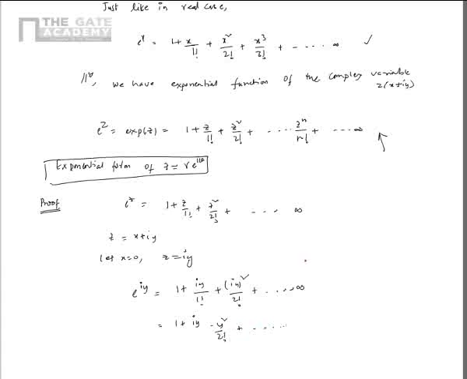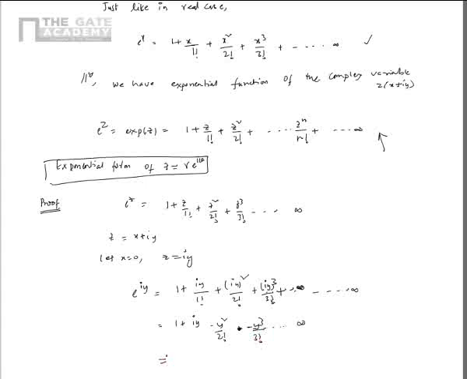Let me also write down the third term, z cube by 3 factorial, which will be (iy) whole cube by 3 factorial plus so on till infinity. This (iy) whole cube will be i square into i y cube, so it will be basically minus i y cube by 3 factorial and so on.